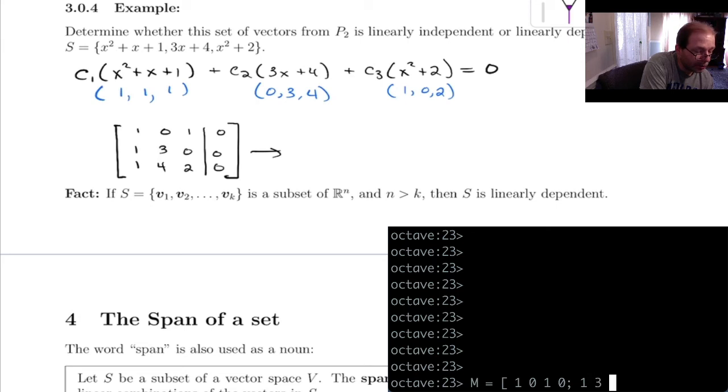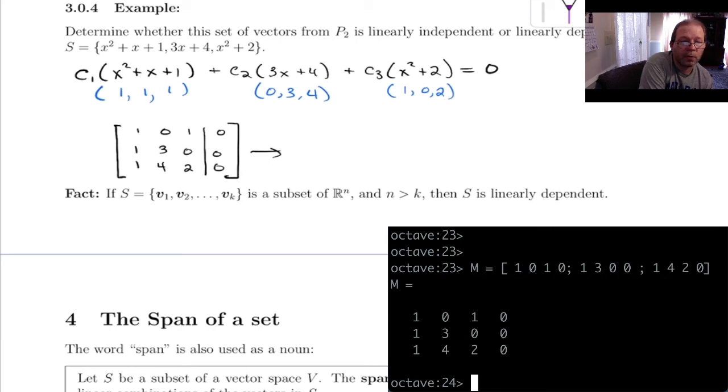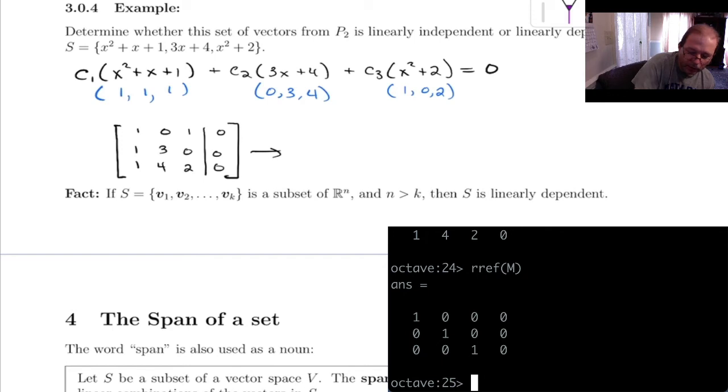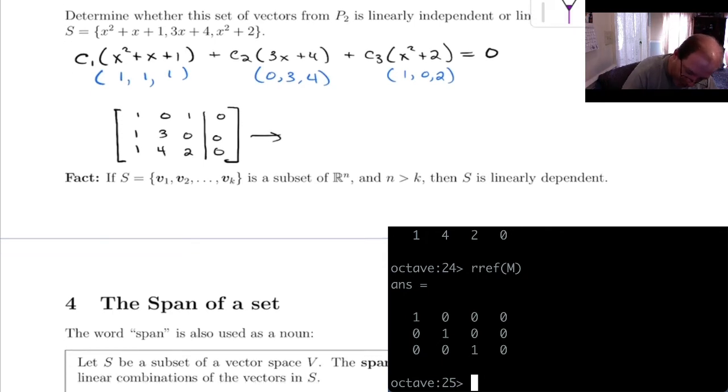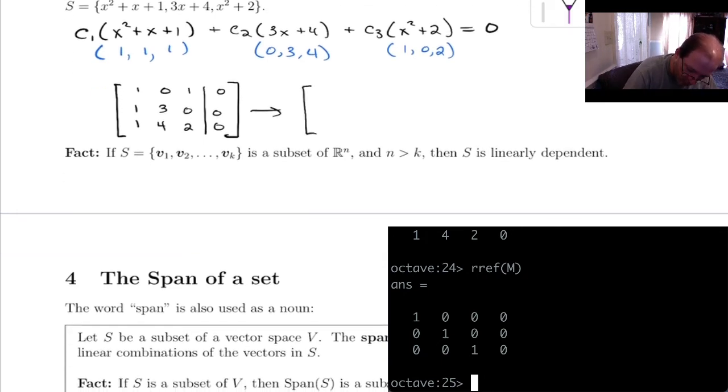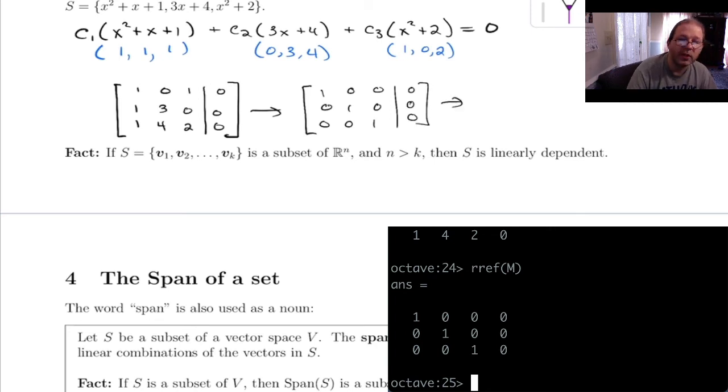All right. Notice what we get out of that. We get the identity matrix. And so all we get out of this is the trivial solution.